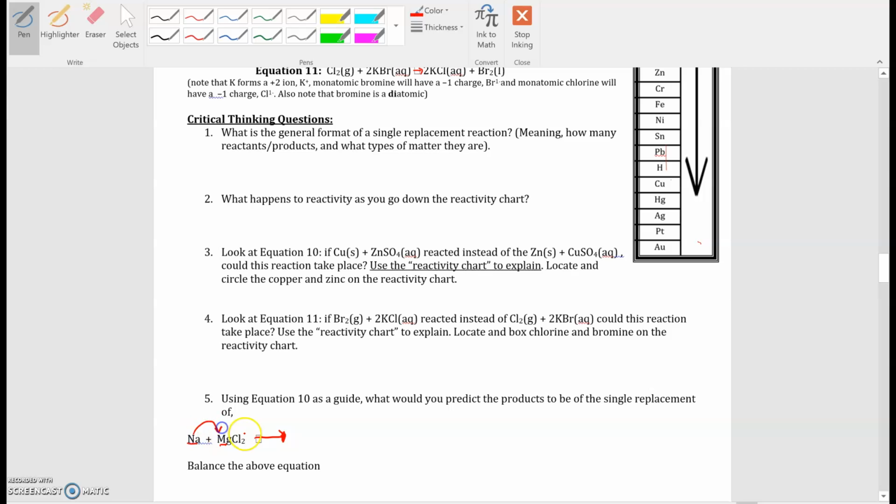So sodium is going to replace magnesium, kick magnesium off by itself. Magnesium isn't diatomic, so I can just write it as Mg. Then I have to do crisscross between sodium and chloride. So that's +1 and -1. And that's how I got the compound. Now, to balance, I would have to put a 2 in front of sodium chloride and in front of sodium.